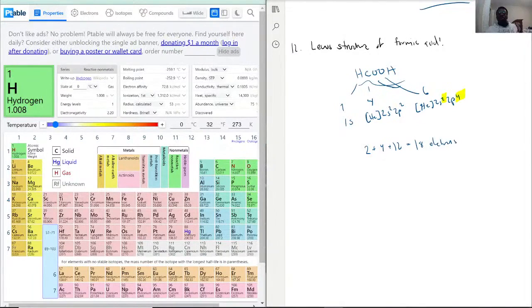Now we want to visualize what the best connection would be for this. We start with carbon in the middle since it has the most unshared electrons.